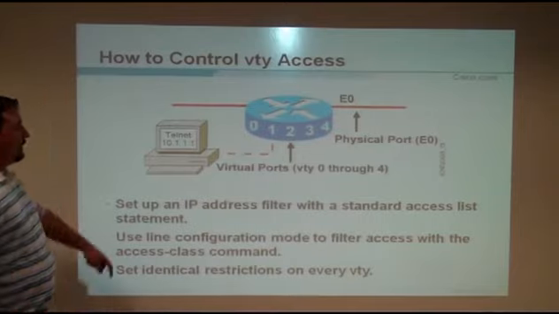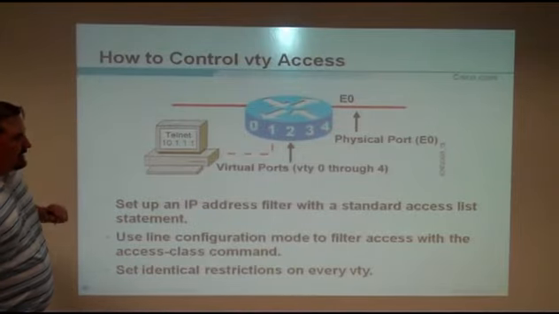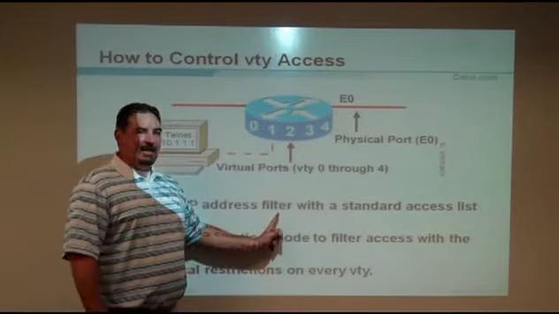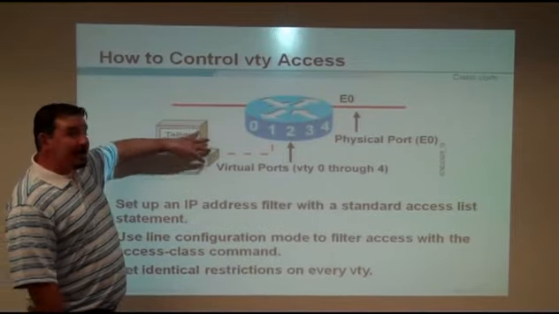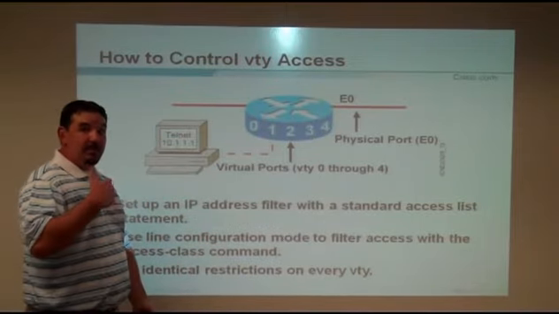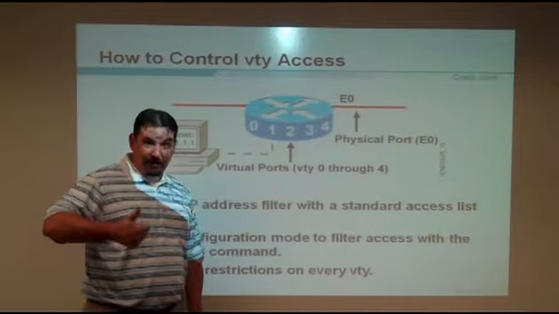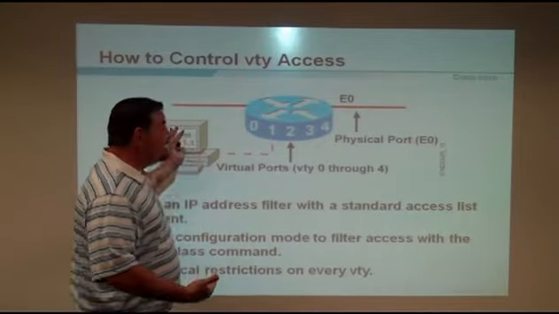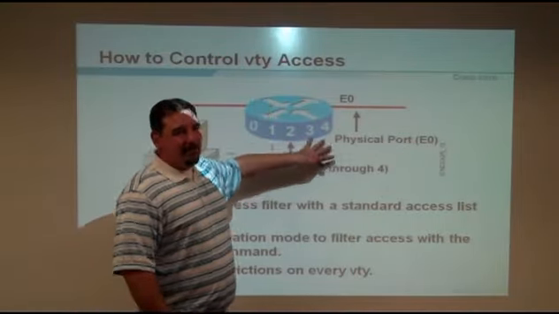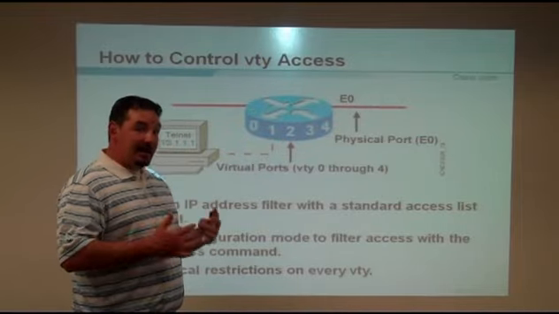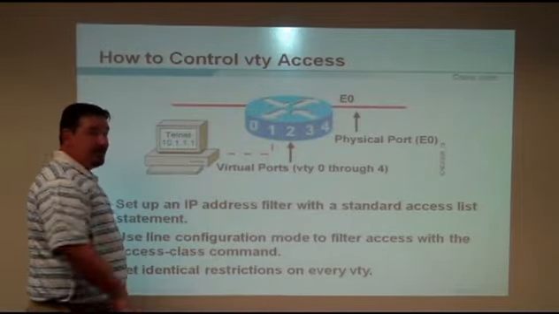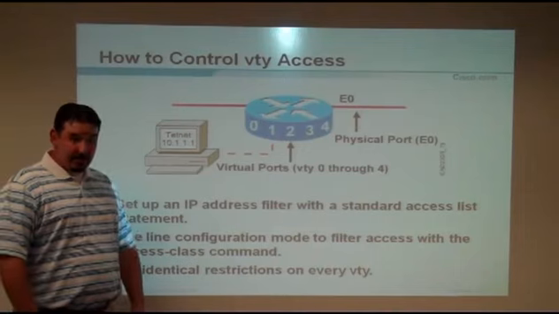So in this case, I'm going to set up an access list filter, and we're going to use a standard access list. Like we said, I already know everything else. I know that it's going to be for telnet, so I know it's TCP traffic on port number 23. I know the destination address would be some address of the router itself. The only thing I don't know is the source IP address that's allowed to do that particular traffic.